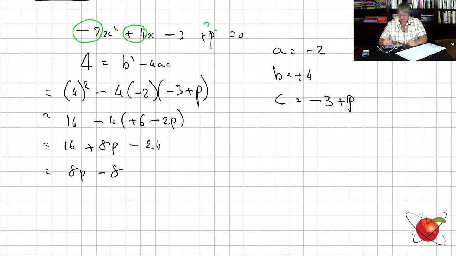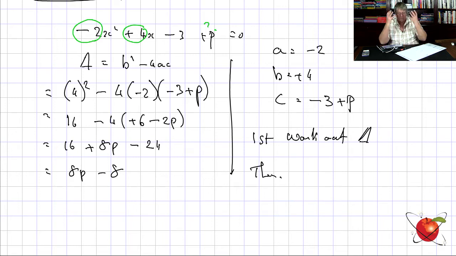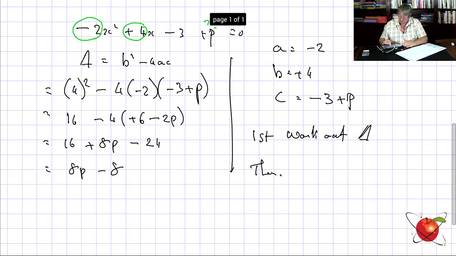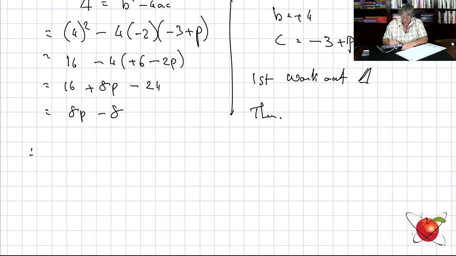Now, so I first work out delta. Then I say, okay, what must delta be? They tell me that in this case, they want the roots to be non-real. So that means, therefore, delta must be less than 0.